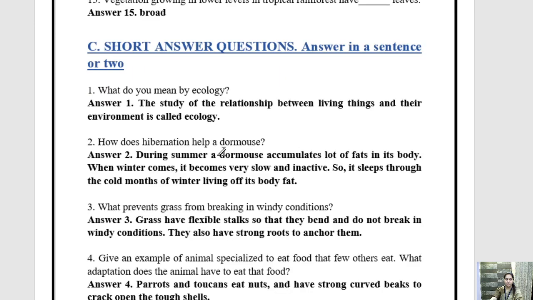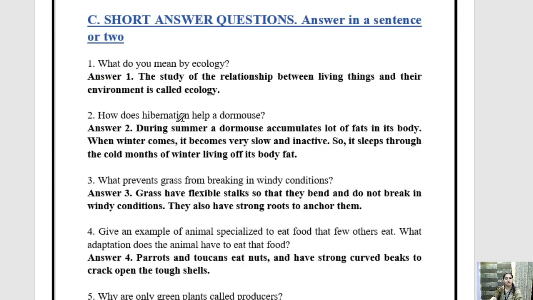Okay. Question 2. How does hibernation help a dormouse? So children, a dormouse undergoes hibernation. When it goes under hibernation, it goes off to sleep. It has so much food stored in the body that it does not need to come out for hunting food.